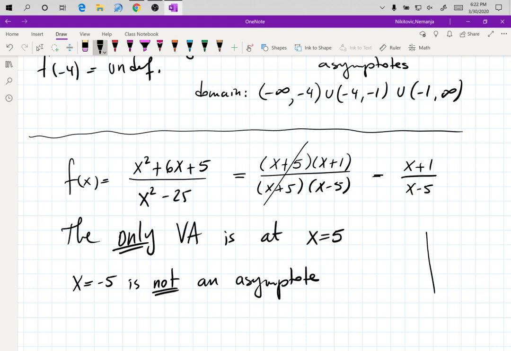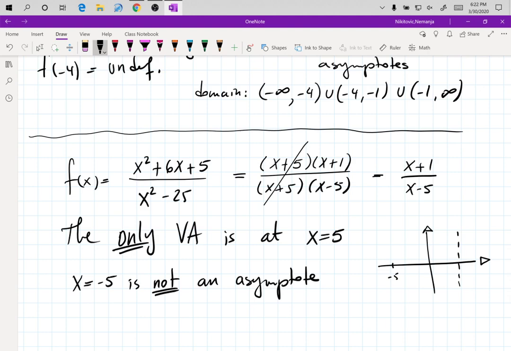So the graph over here would only have an asymptote at 5, and at -5, let me just see which way it goes. Negative divided by negative is positive.